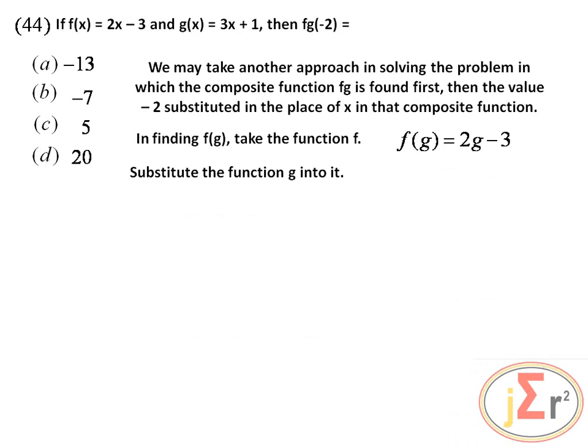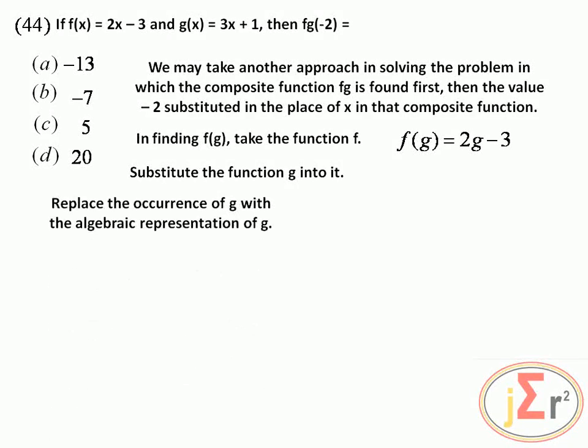So we have f of g is 2g minus 3. Further, we will replace the occurrence of g with the algebraic representation of g. So where we see g, we will put 3x plus 1. G is replaced by 3x plus 1.